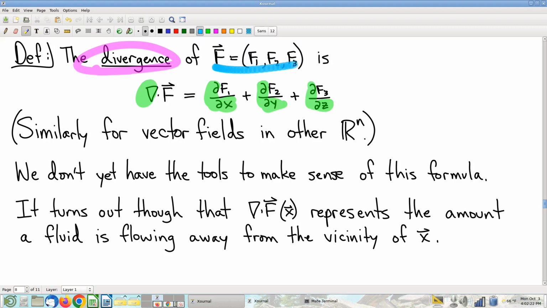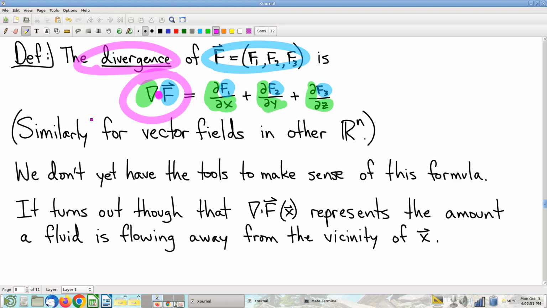And then we have this vector field here, F. You can see its components here, F1, F2, F3. And this construction that I have, which is the divergence, notice that it's a dot product. I've got it written as a dot. And we read this, by the way, literally as del dot F. Del dot F, otherwise known as divergence.